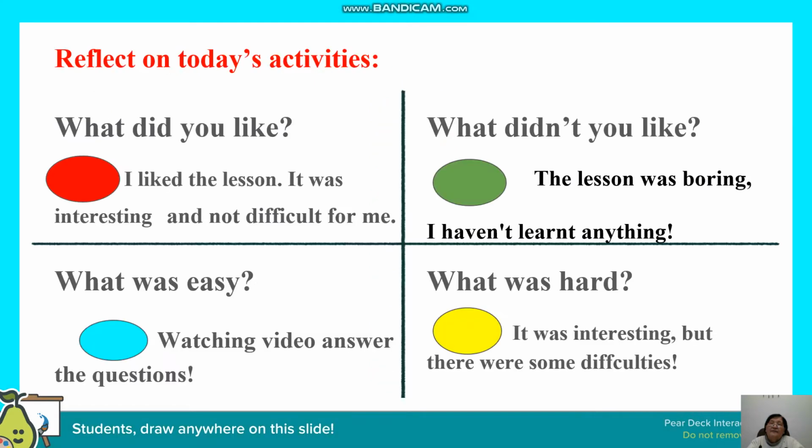Well done. Reflect on today's activities. What did you like? What didn't you like? What was easy? What was hard? Of course, you must use the Peer Deck platform. You are given 2 minutes.